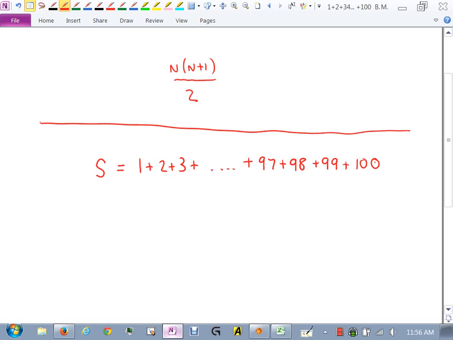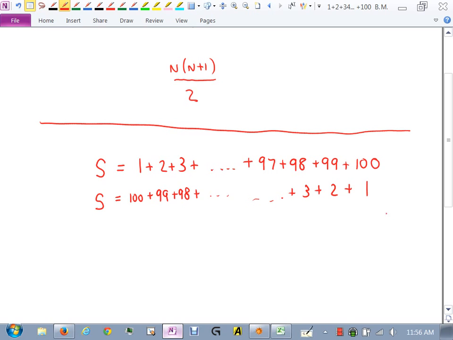But because Gauss understood that addition is commutative, meaning it doesn't matter what order you add things in, you can do 2 plus 1 is the same as 1 plus 2. He said that means S is also equal to 100 plus 99 plus 98, and then all the way down to the last number would be 1, the one before it would be 2, the one before that would be 3. Got it?